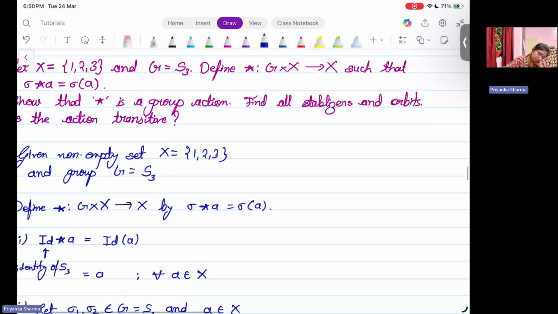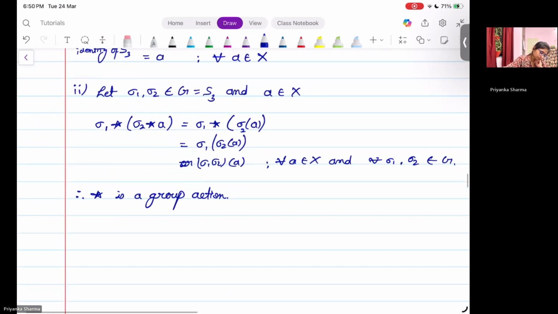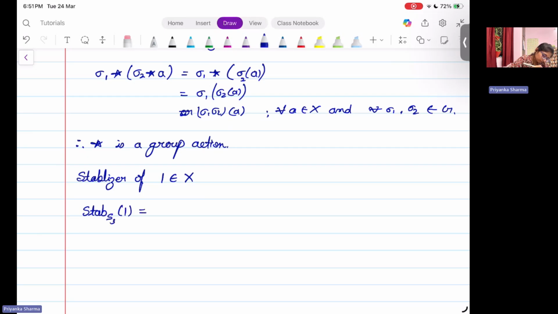Now the next part, find all stabilizers for this group action. So the stabilizer of 1, which belongs to X, that is the stabilizer in G, or say S3, of 1.